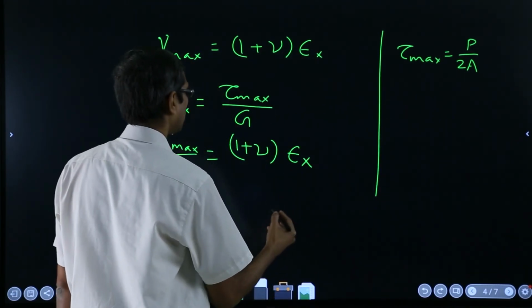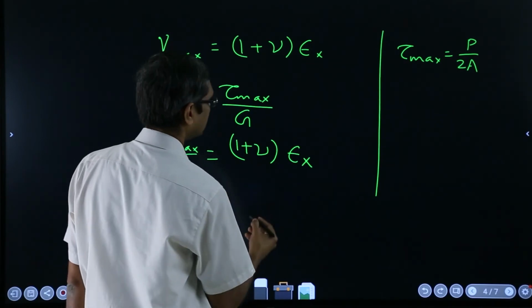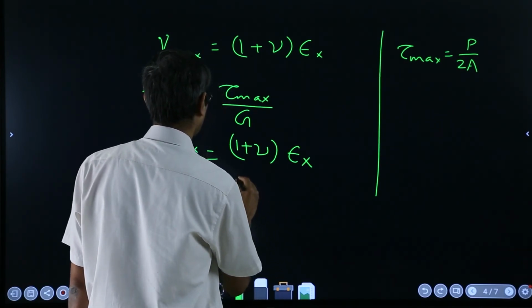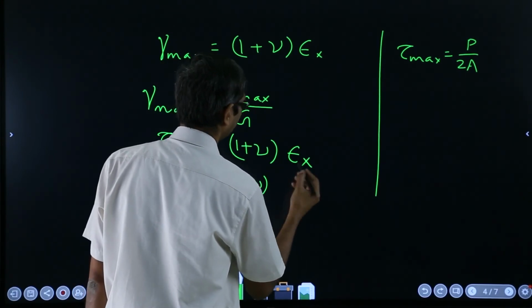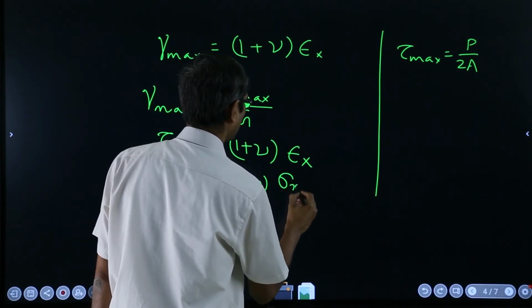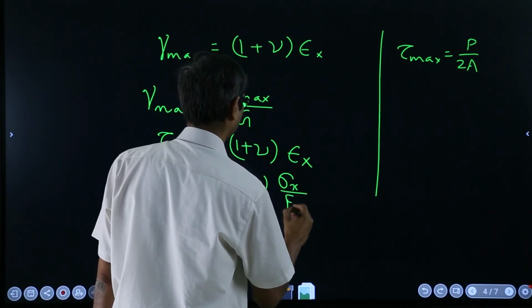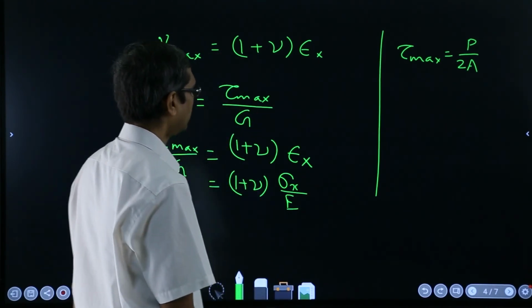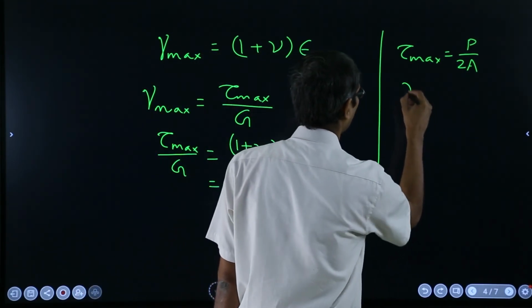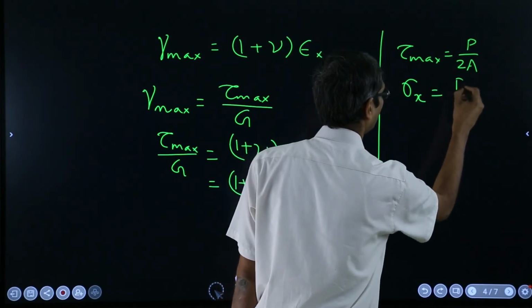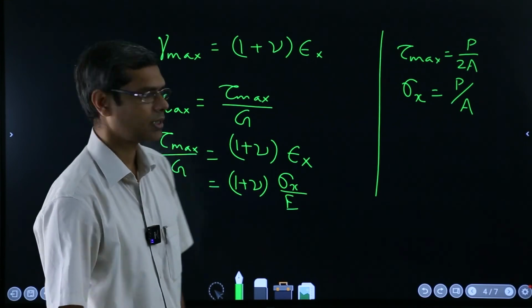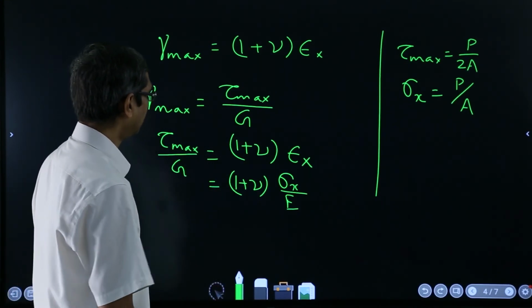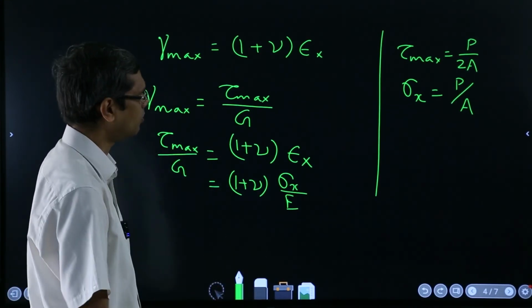And here epsilon x I can replace with again (1 plus nu) times sigma x over E, right? Now sigma x is P over A, because sigma x is the normal stress which exists on a normal plane.